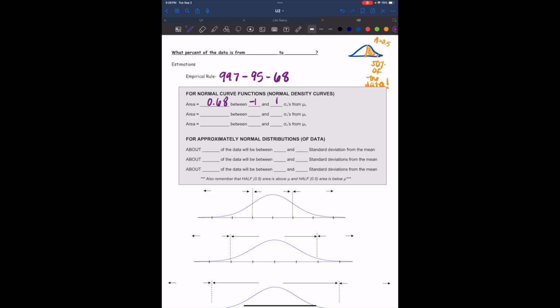So if you were to look at this curve, we know that the mean is in the middle, right? So there would be the mean.